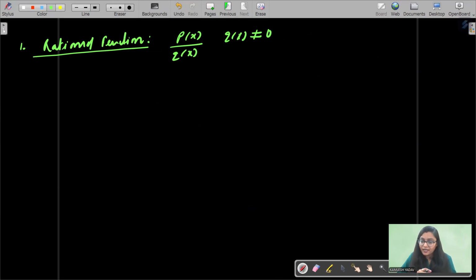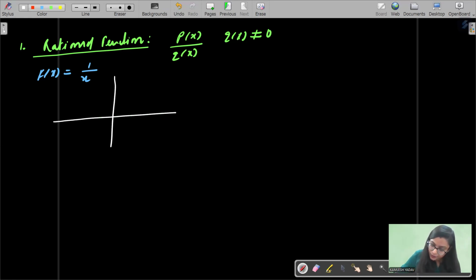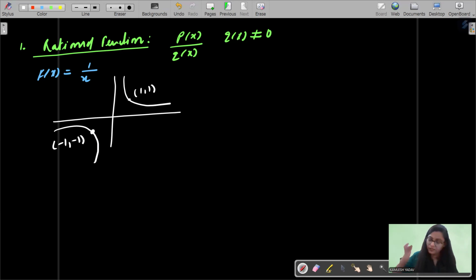We can understand the concept of rational function by taking this example, f of x equal to 1 upon x. First of all, we can draw the graph of this function. The graph of 1 upon x looks like this. And here the points are 1, 1 and minus 1, minus 1.